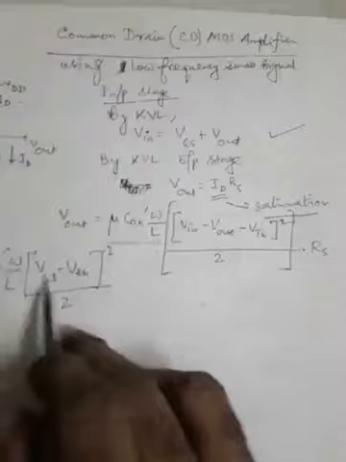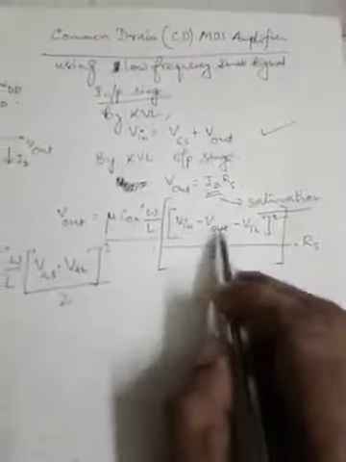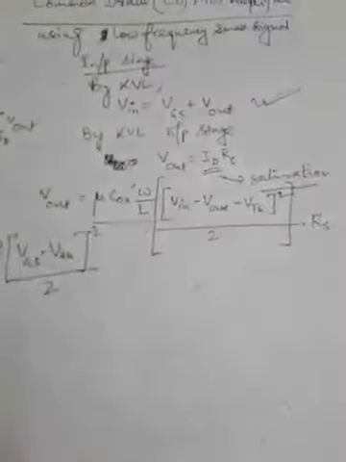Now if you compare these two, instead of writing VGS, we are writing V in minus V out. How? Just using the equation for the input stage. From the input stage, what we have found is that this VGS is nothing but V in minus V out. So instead of writing VGS, we are writing V in minus V out in this place. So using these two equations we can find this equation.